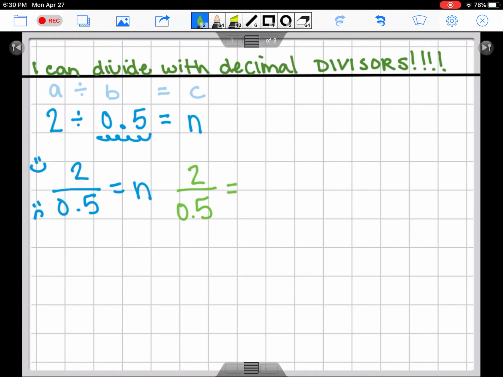Right away, there's tons of options here, guys, but right away we know from place value, think back to your place value chart, here's your ones, your tenths, your hundredths, and here's your decimal. So if we have 5/10 and we want to get that to a whole number, all we need to do is multiply by 10.